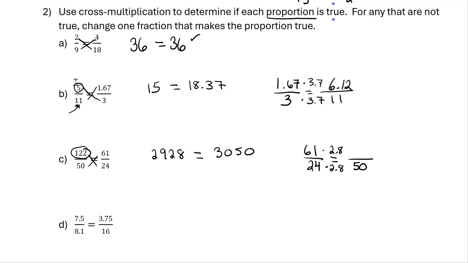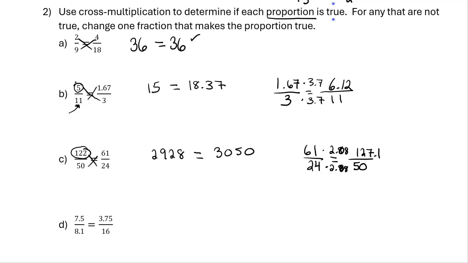So now I multiply the top by, actually that should be 0.8, okay, so there we go, 0.808. So I multiply that by 61, and that gives me 127.1. So that is going to be the fraction that gives you an accurate proportion.